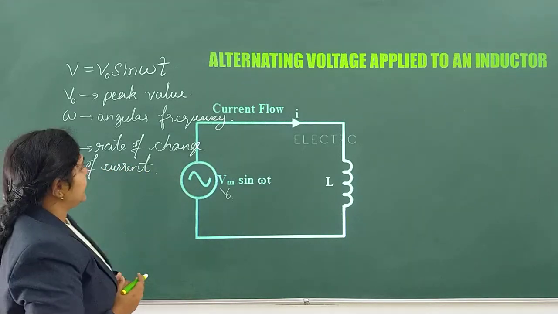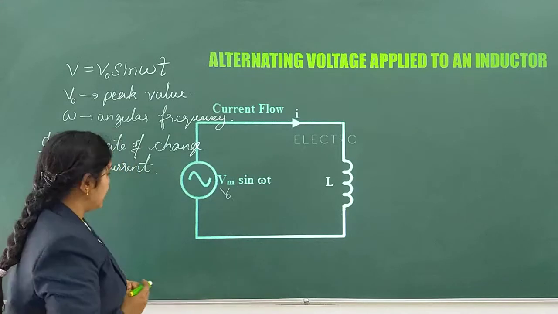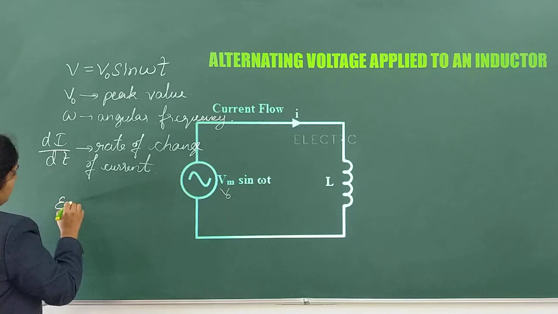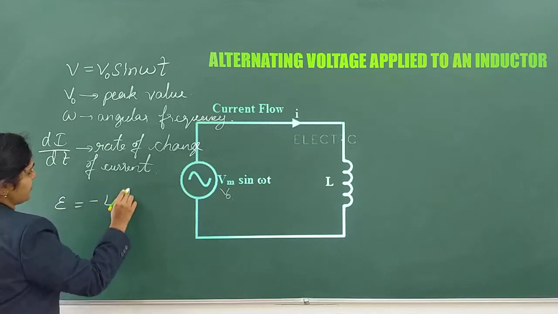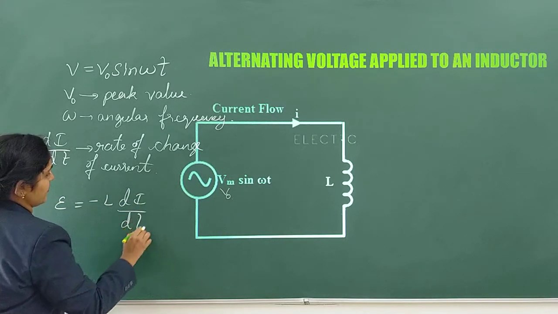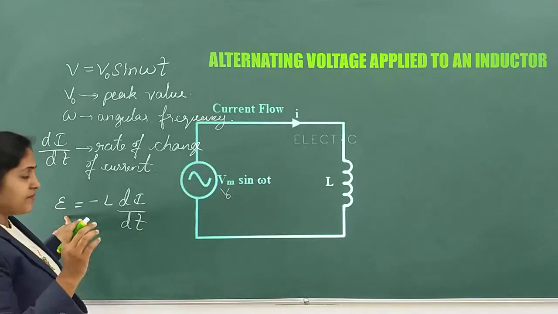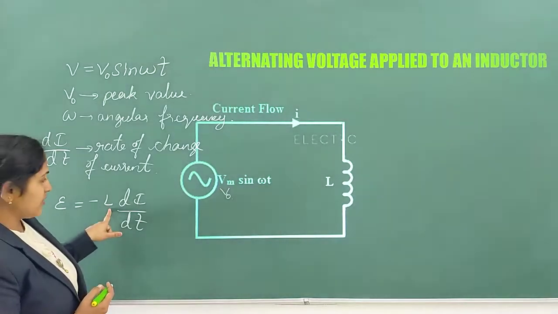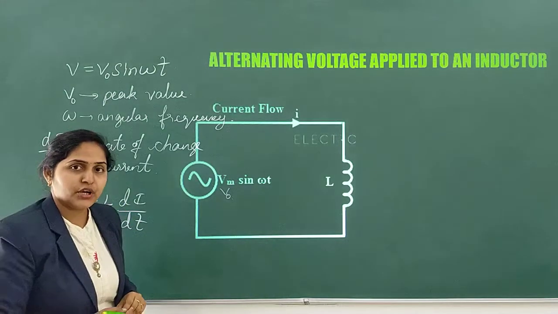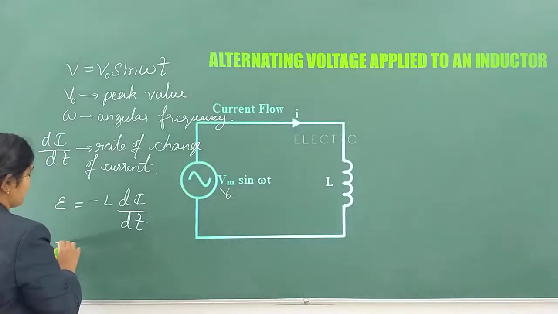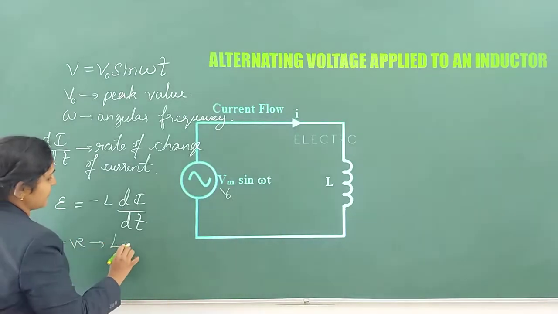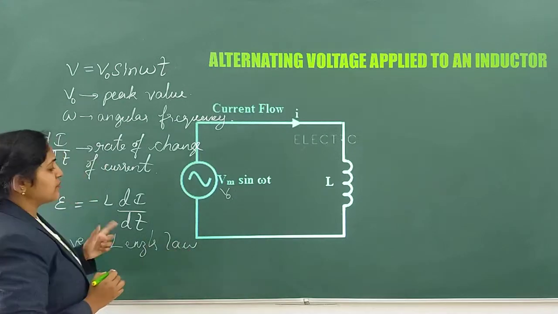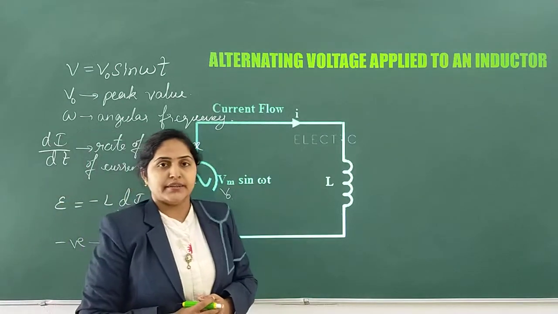If di by dt is the rate of change of current, then the EMF epsilon equals minus L di by dt, where epsilon is the EMF induced in the coil, L is the self-inductance of the coil, di by dt is the rate of change of current, and the negative sign follows Lenz's law. Lenz's law gives the polarity, that is, the direction of the induced EMF.